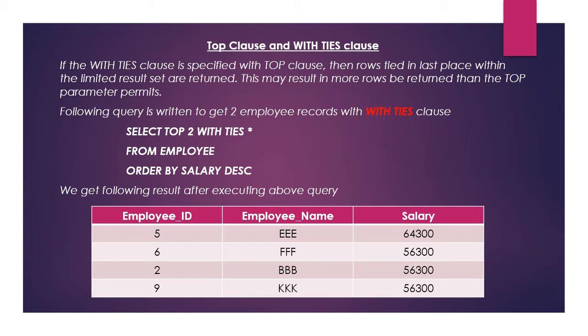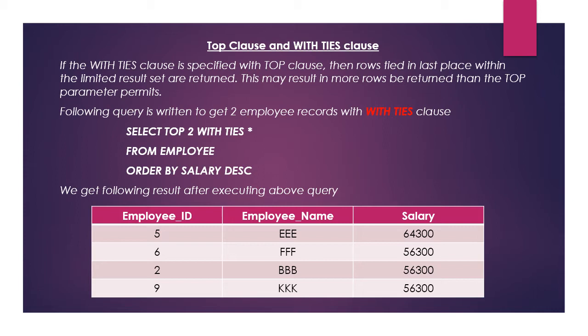Select top 2 with ties star from employee order by salary descending. In our employee table, the highest salary of employee is 64,300 and the second highest salary is 56,300. So when we use only top clause, it will return two records.